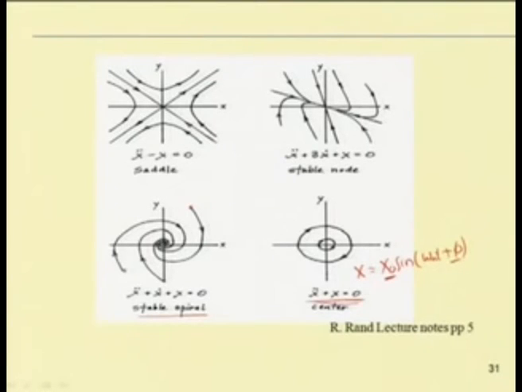And one can take a damped system. So, here the coefficient is 1 and here the coefficient is increased. So, the damping is more. If the damping is more, in that case this becomes a stable node. So, this is a stable spiral, you just note the coefficient here, and this is a stable node.